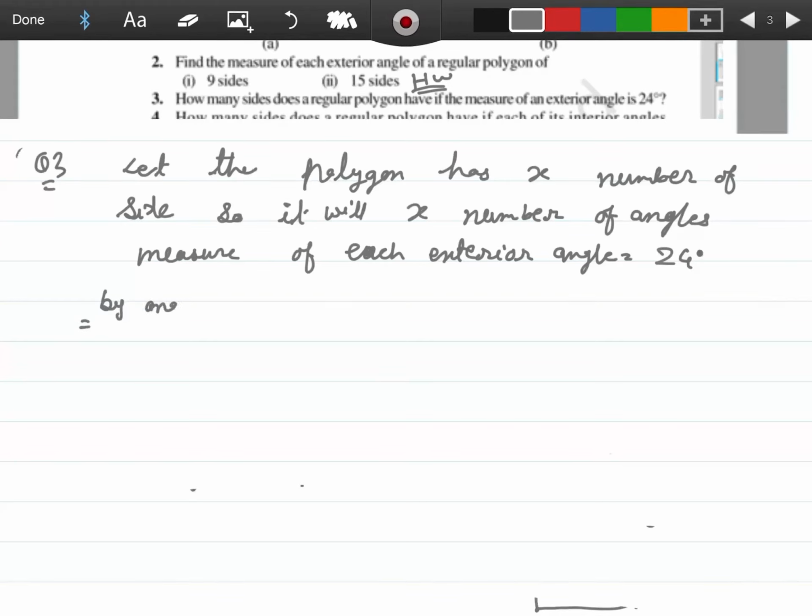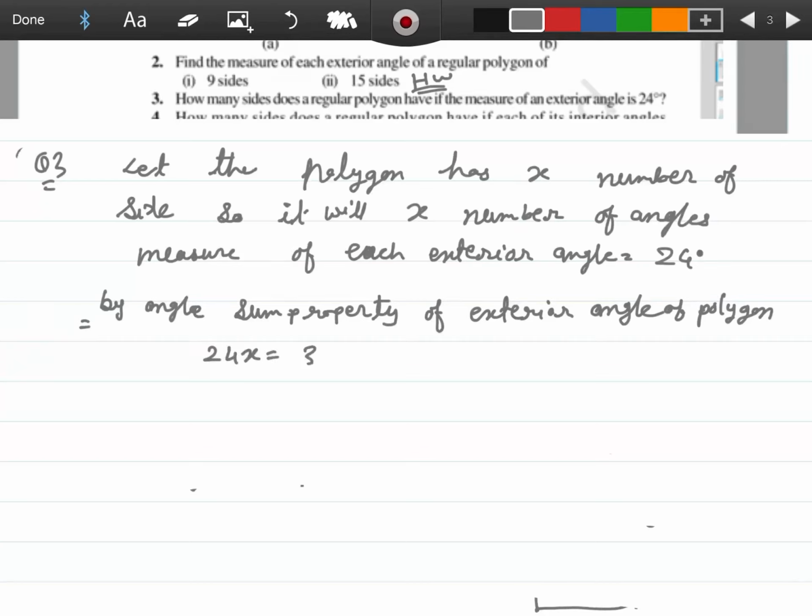That means by the angle sum property of exterior angles of a polygon, we can say 24x is equal to 360 degrees.